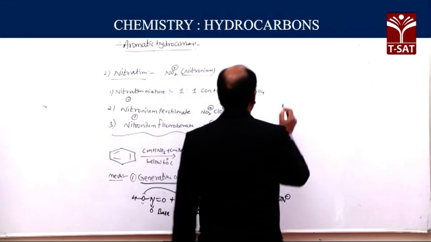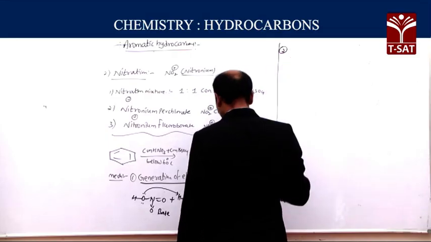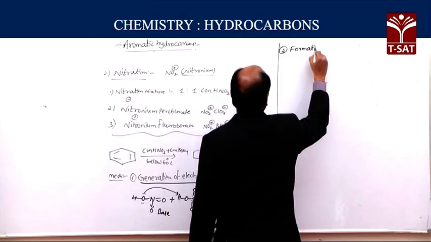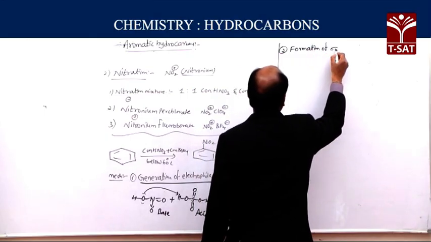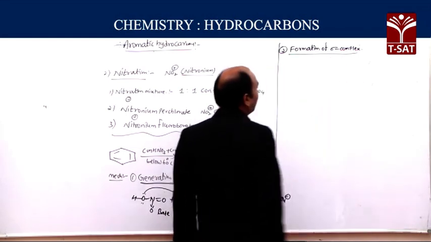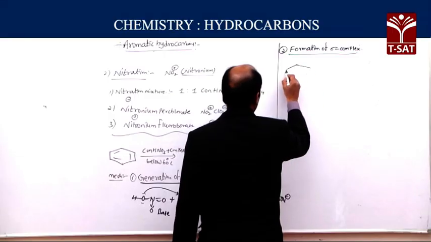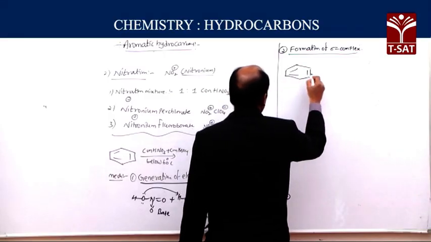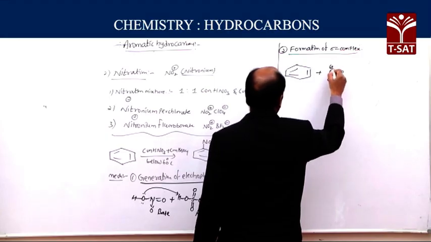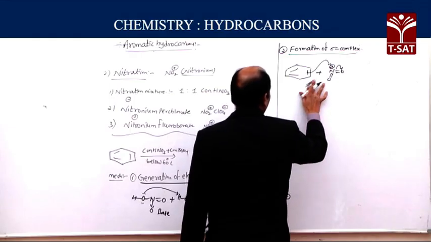After the formation of the nitronium electrophile, the second step is formation of the sigma complex, also called the arenium ion. What happens? This is benzene, and the pi electrons attack NO2 plus.